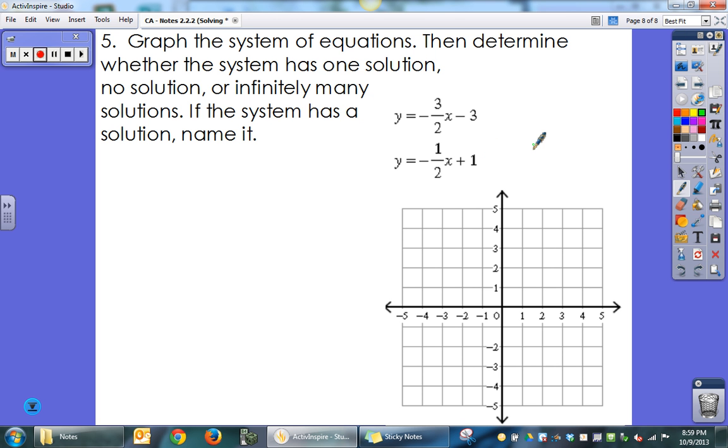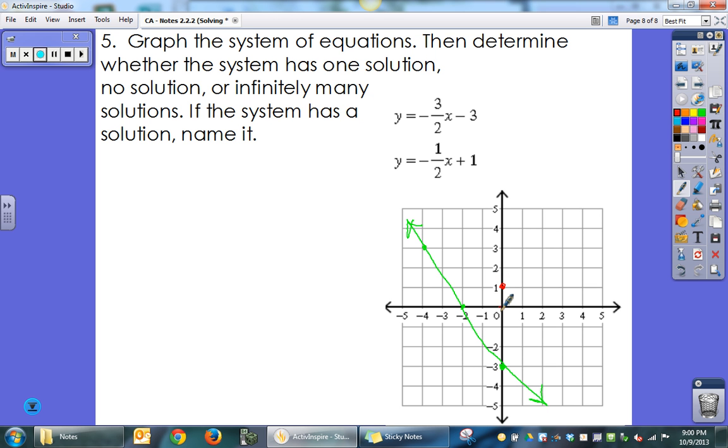Last one, graphing this system, I have a y-intercept of negative 3 and a slope of negative 3 over 2. So I'm going to go up 3 and to the left 2. And for the second equation, I've got a y-intercept of 1 and a slope of negative 1/2.